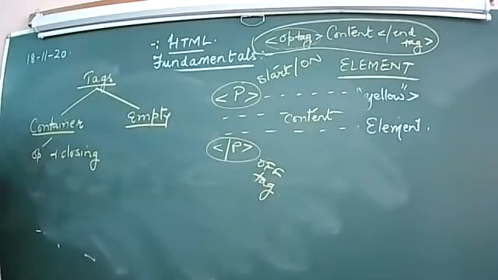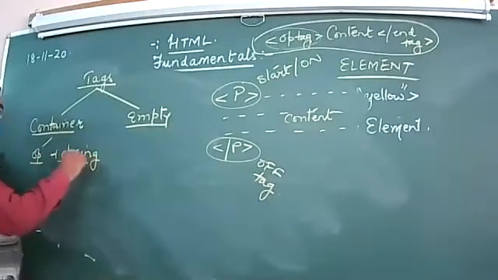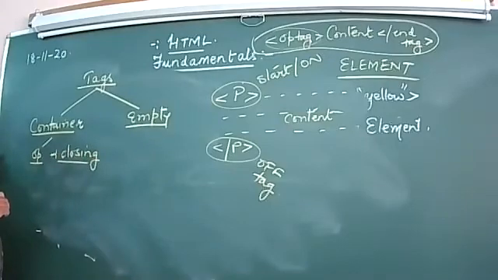For example, HTML is a container tag, head tag, body tag, H1, H2, H3, all the heading elements, paragraph tag, center tag are container tags. Because all these tags have an opening tag as well as a closing tag.